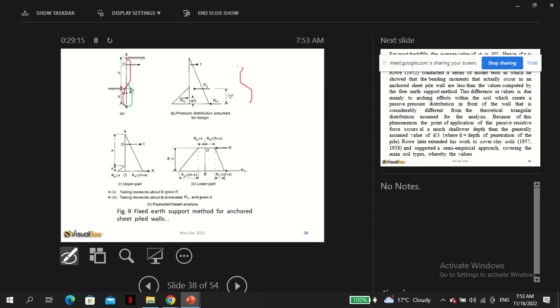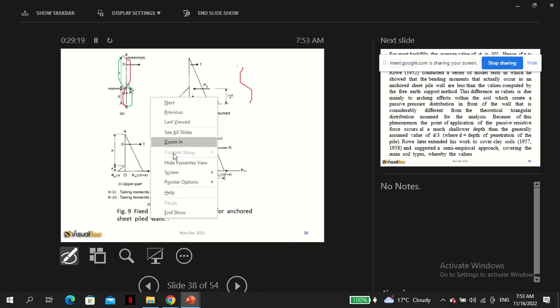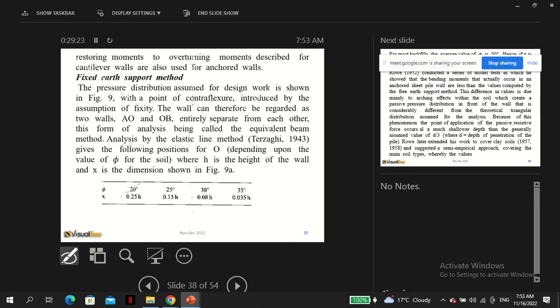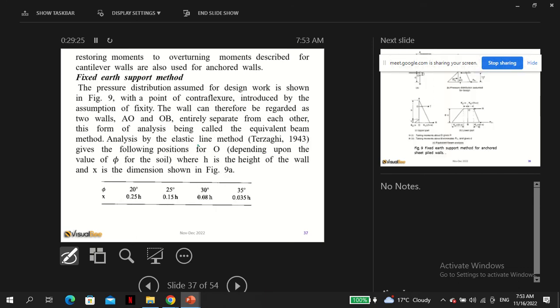Sorry, here. That is what contraflexure means. So the two parts are entirely separate from each other. This form of analysis is called the equivalent beam method.